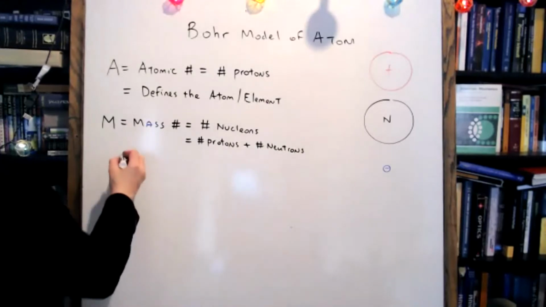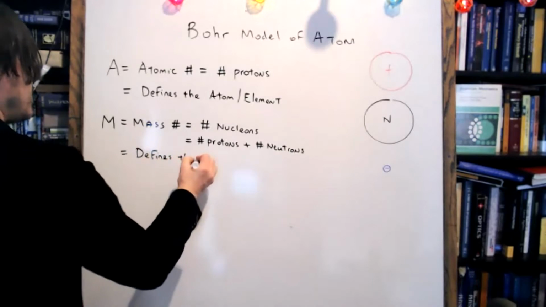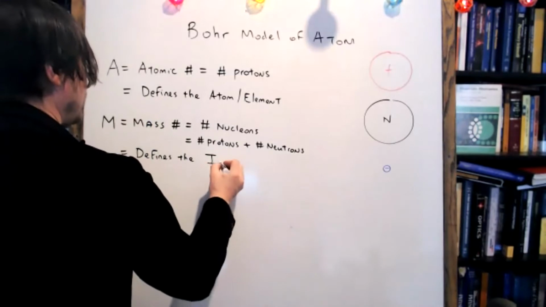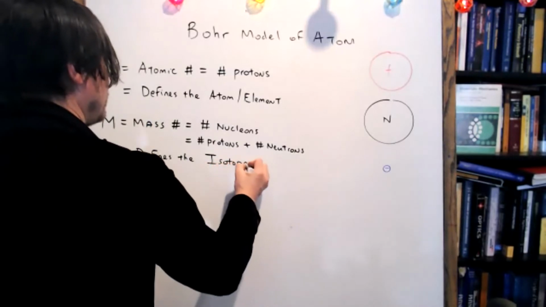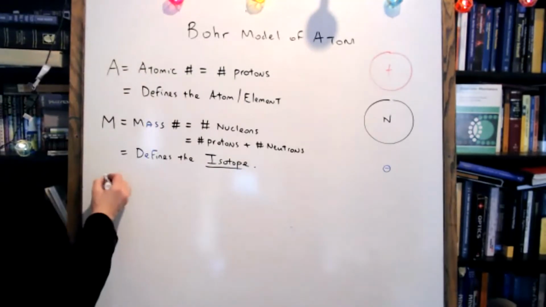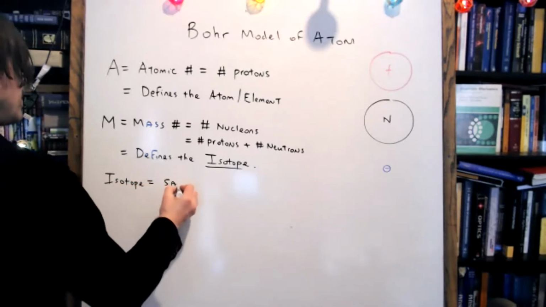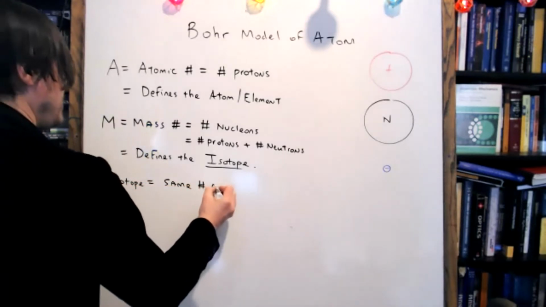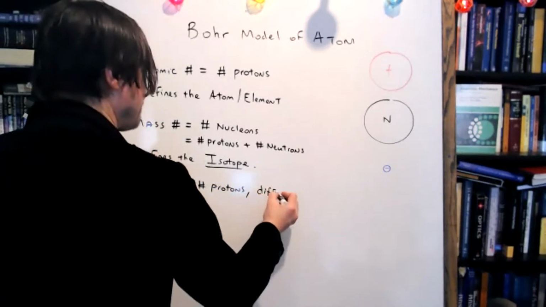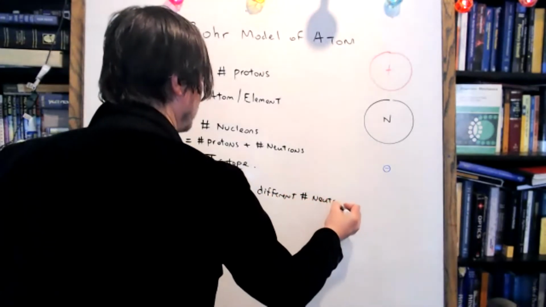The reason why the mass number is important is because the mass number defines not only how massive the atom is, but it also defines what is known as the isotope of the atom. An isotope means same number of protons, different number of neutrons.